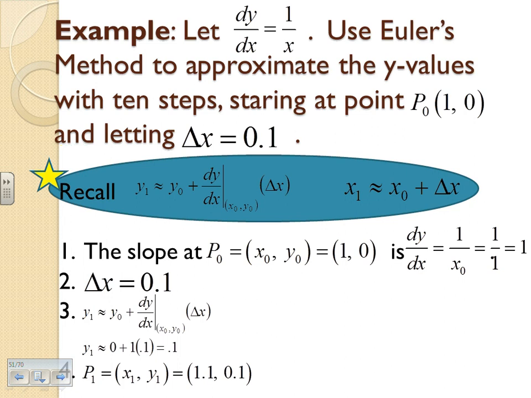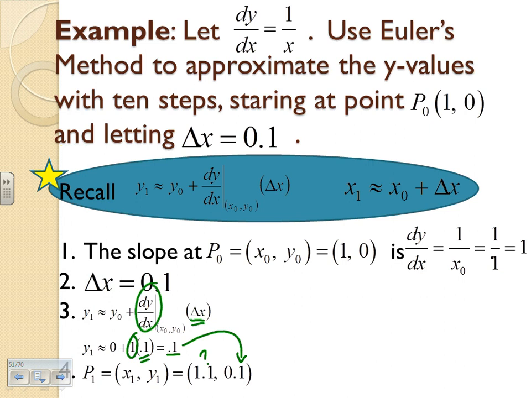So I can do the y minus y1 equals the slope evaluated at that point times our delta x. So I can add over what my y is going to be, which is just 0, plus my slope we found was 1, and then the delta x was 0.1, so I can get a new y of 0.1. So that new y goes right here.